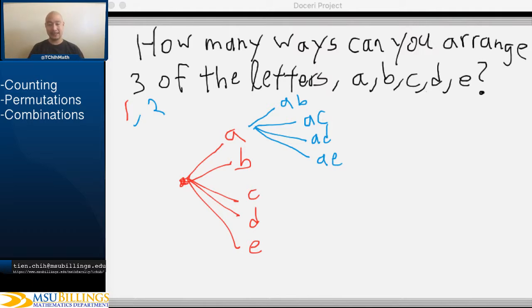You basically have four choices for your second letter, given that A is your first letter and you've already used A, so we have to pick some other letter for the second choice. And we would note that the arrangement that starts with B would behave similarly, right?